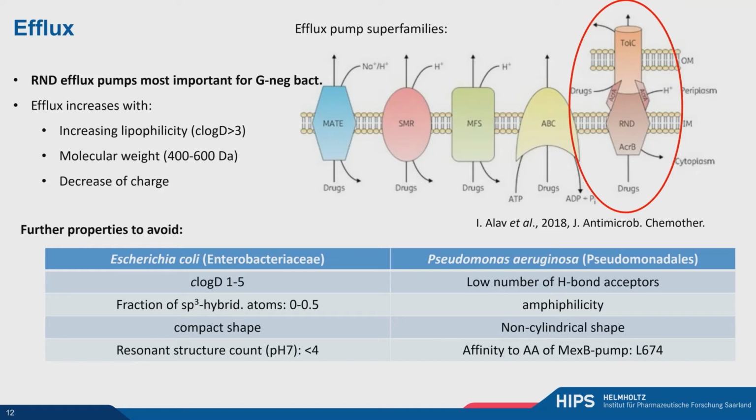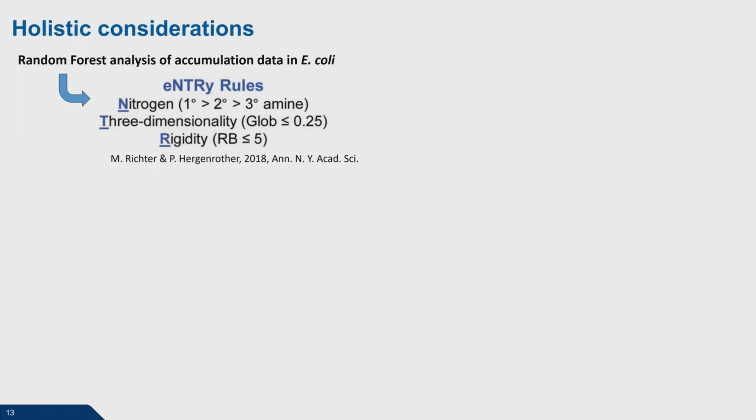Enzyme inhibitors are already on the market, but it is also worth doing more research on compounds that block the proton motive force, for example. I mentioned the polymyxin B that enhances the permeability of the membrane and then allows for a better uptake of other compounds too.